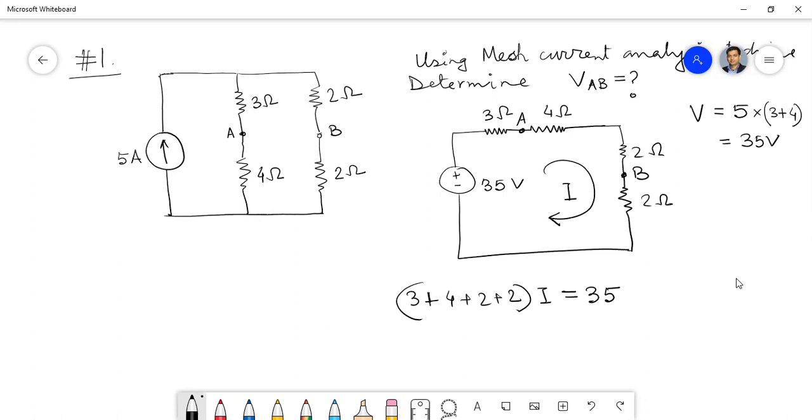So if we consider this, what will be the value of this I? 3.1, sir, after rounding. Okay, so this is 35 divided by 11, isn't it? Yes, sir. After rounding off, it is coming around 3.1 ampere. So 3.1 amp.